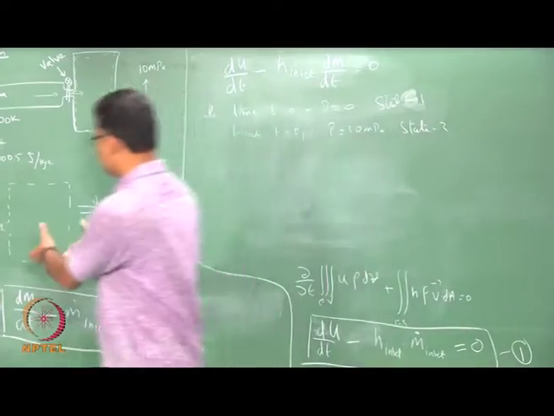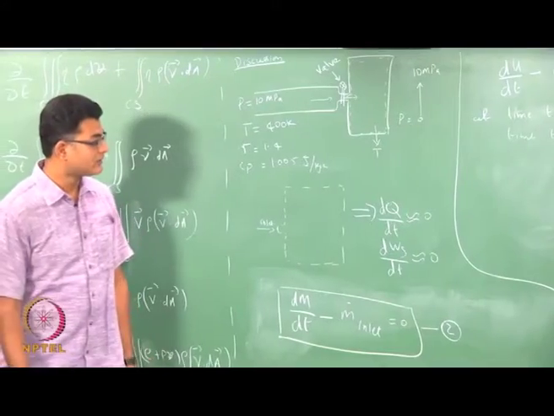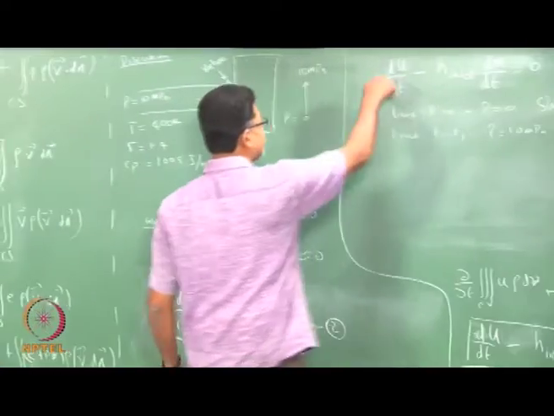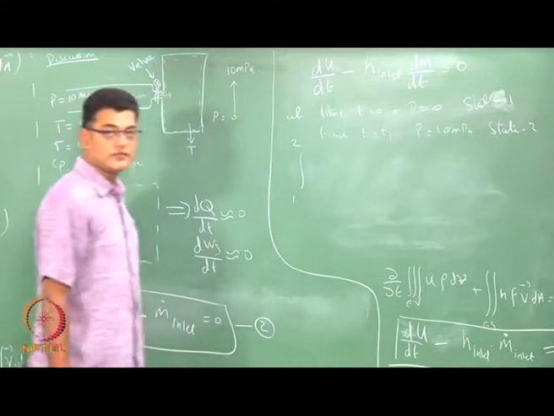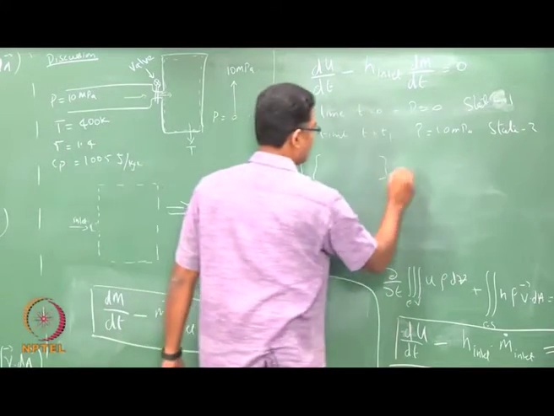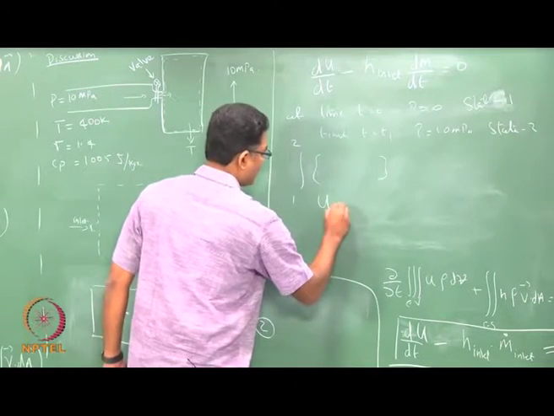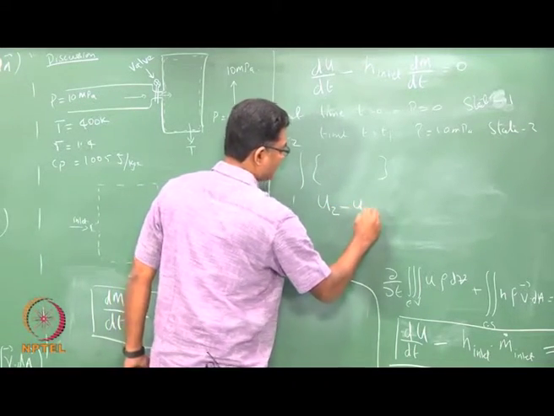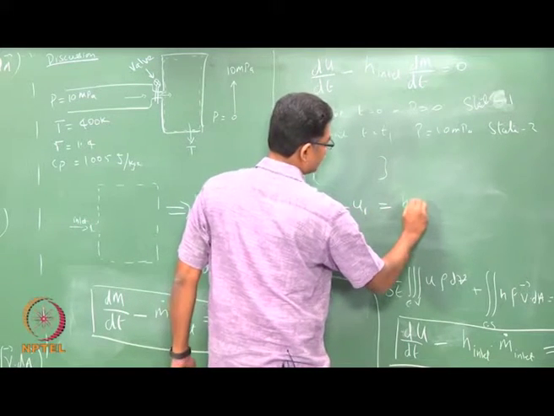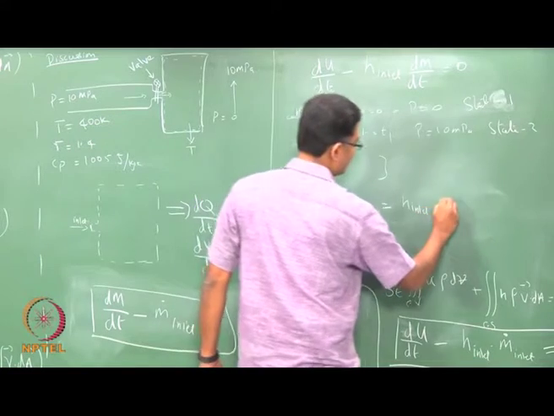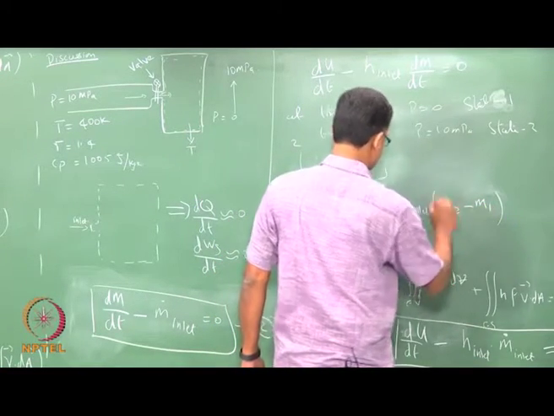So, the system goes from state 1 to state 2 in time T1. So, you are actually integrating between 1 and 2, the whole set of equations, okay, which will give me u2 minus u1 equals h inlet into m2 minus m1.